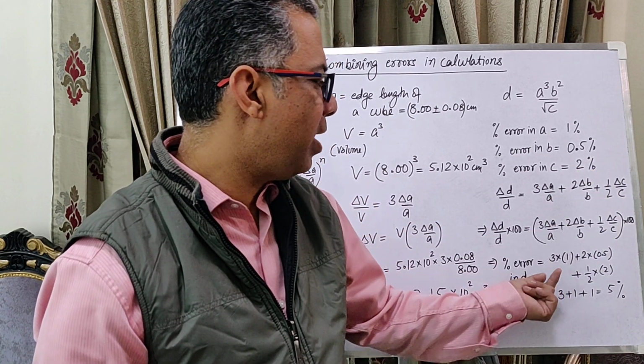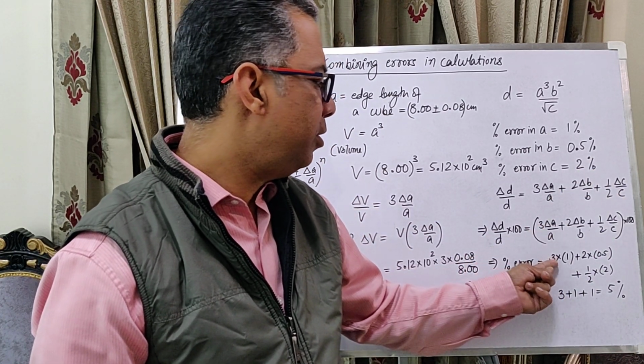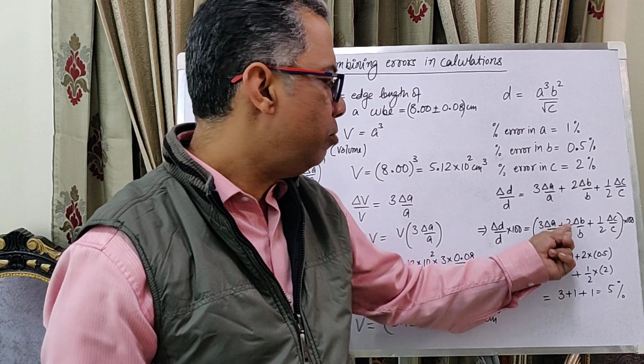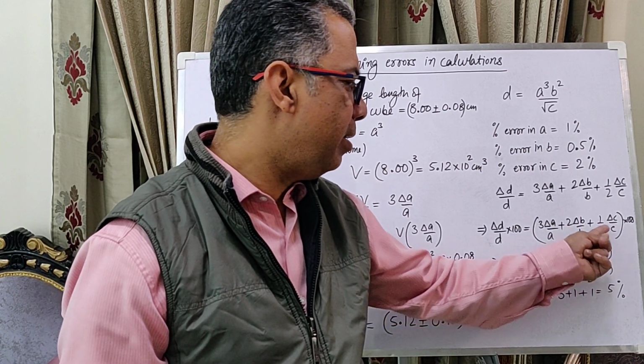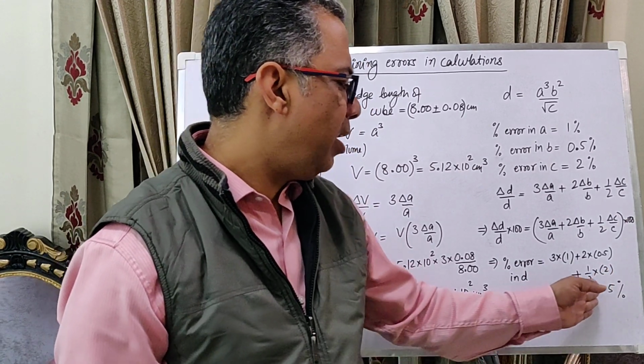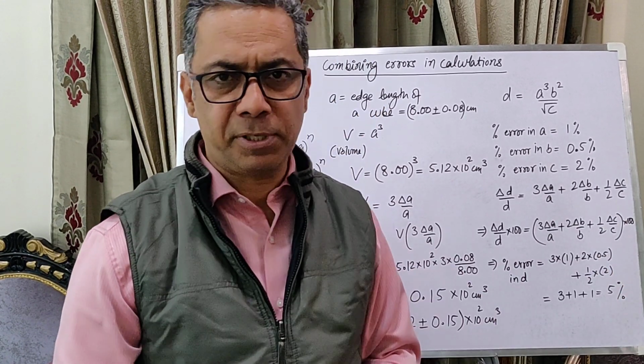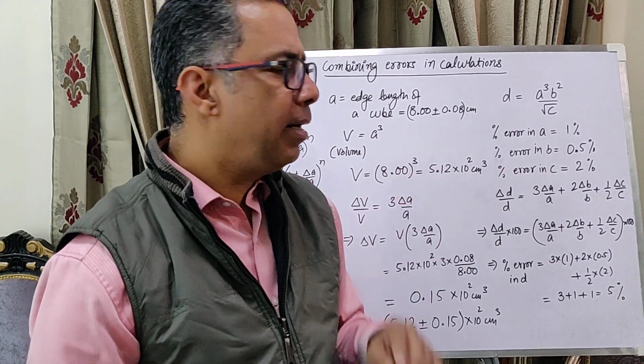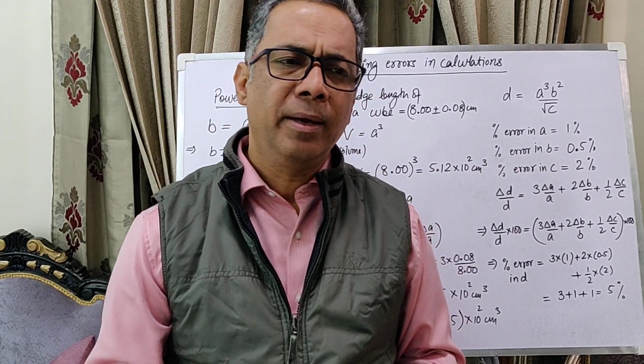We substitute those values: 3 times the percentage error in A, 2 times the percentage error in B, and half times the percentage error in C, and we end up with 5% error in D in this case.